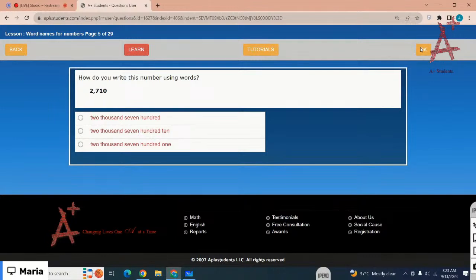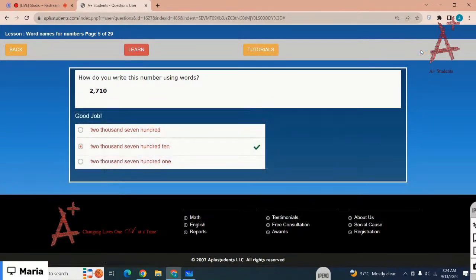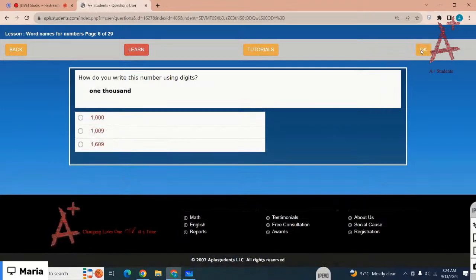How do you write this number using words? That is 2,710, right? 2,710. Very good. The second one is the correct option. How do you write this number using digits?